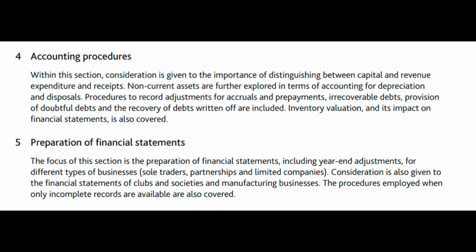Section 4 is based on accounting procedure related to depreciation, bad debts provision, and adjustments of accruals and prepayment. Now, students really feel challenged in this section if they are asked to prepare T accounts or provide double entry.